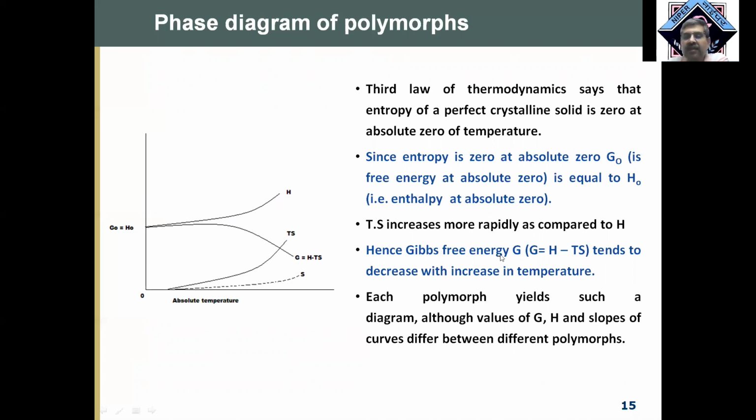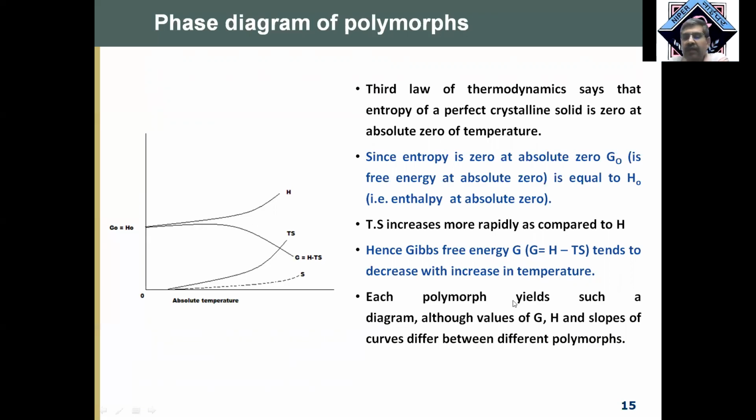Hence free energy G, which is equal to H minus TS, tends to decrease with increase in temperature, because this quantity is increasing much faster as compared to this quantity. Hence G will become negative. This is shown by this particular curve here, which is going downwards.